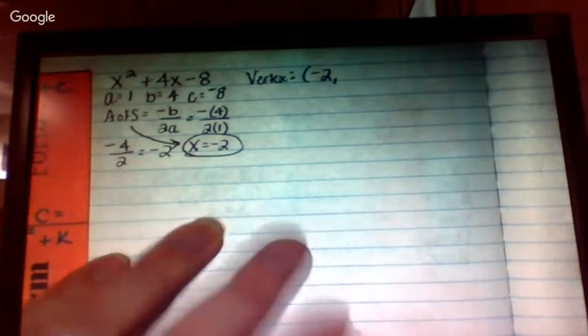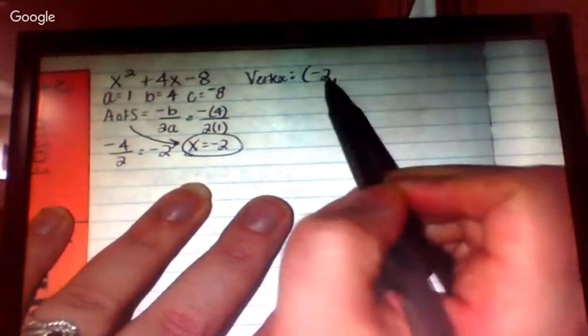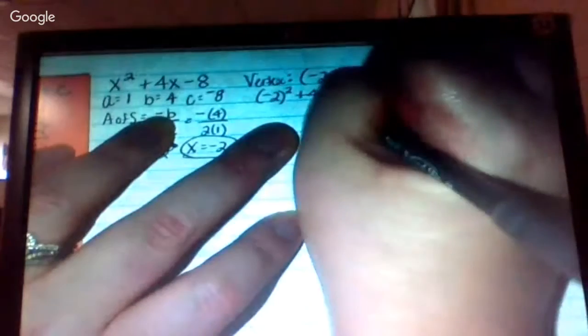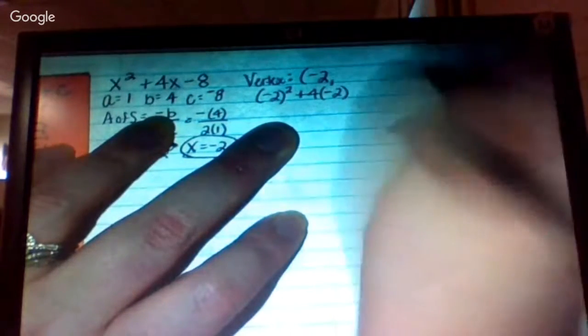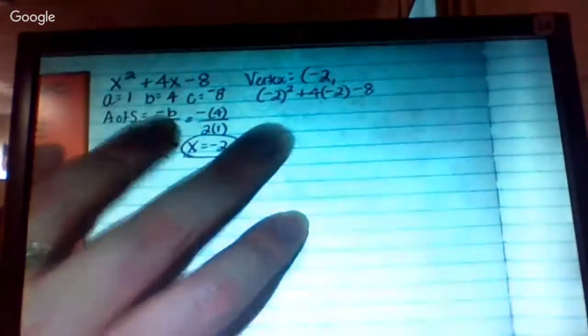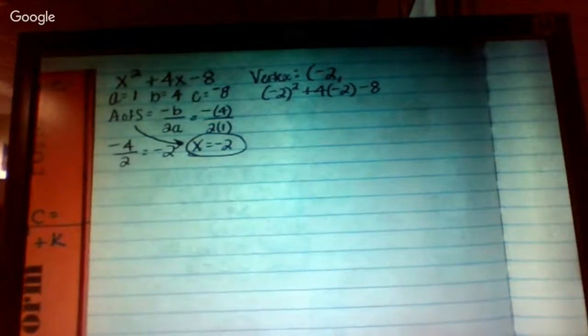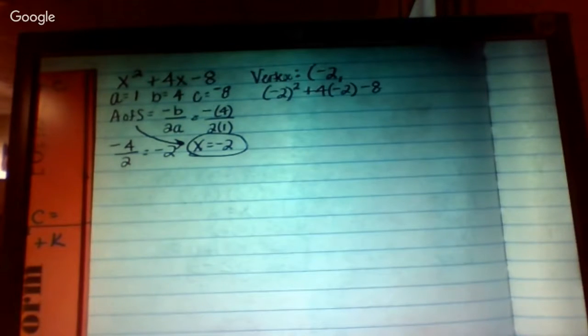To find your y value now, we're going to take this value and replace all of your x's with this value. So this becomes (-2) squared plus 4 times your x value, which again is -2, minus 8.